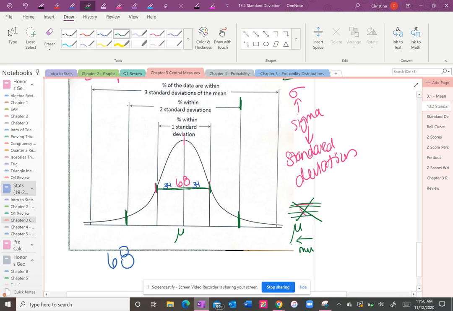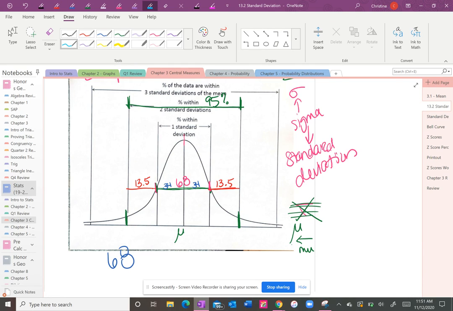So from here to here is 95%. Okay? What I'm trying to look for are the exact percentages that are from here to here. And so it's going to be 95 minus 68, which is 27, divided by 2 is 13.5. From here to here is 13.5.